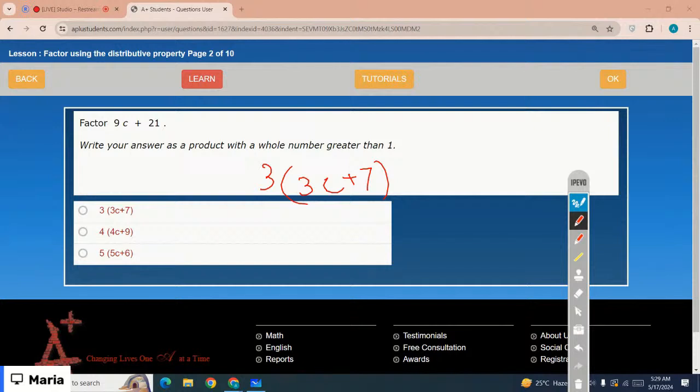That would be 3 times 3c plus 7. That is option number 1.